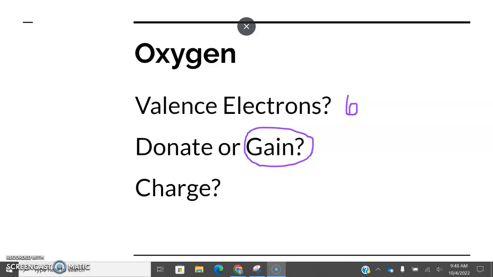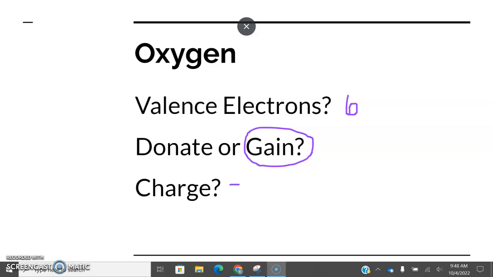So since he is gaining electrons, we know his charge is going to be negative because electrons, again, are negatively charged. And if you are gaining electrons, you're going to be left with a negative charge because you're taking on more of those negatively charged subatomic particles. So now if oxygen is gaining the electrons, we know it's going to be negative.